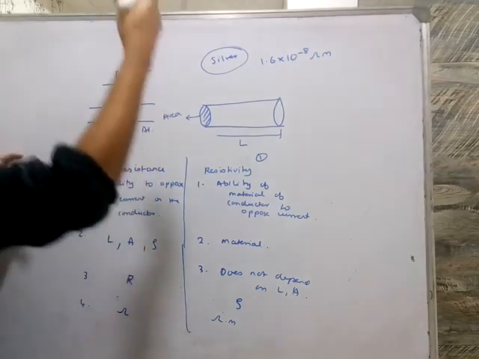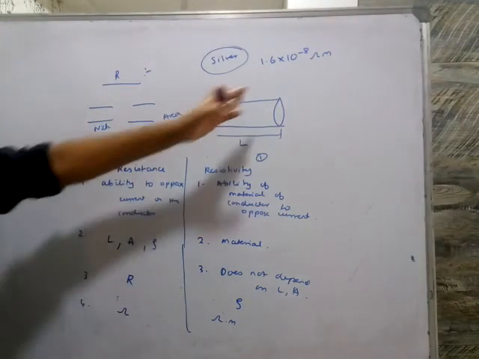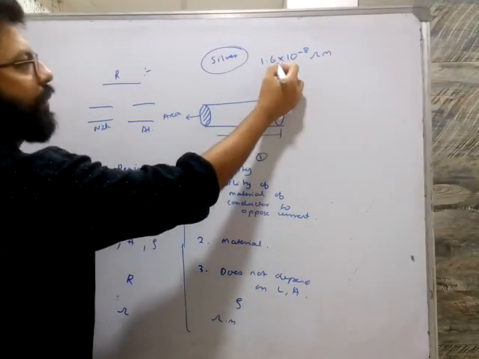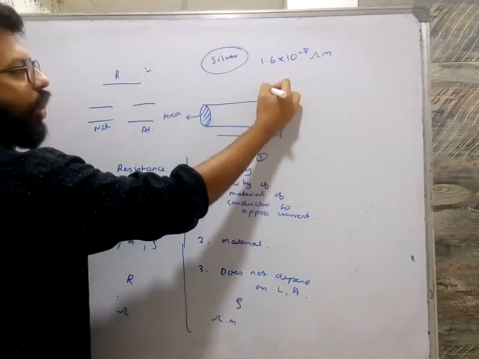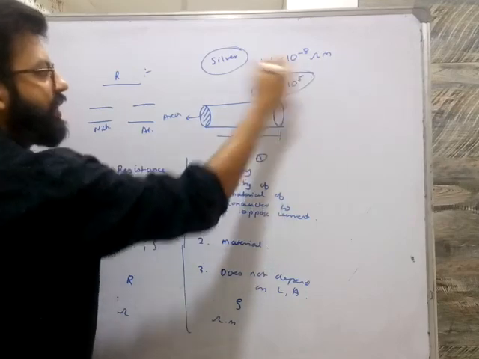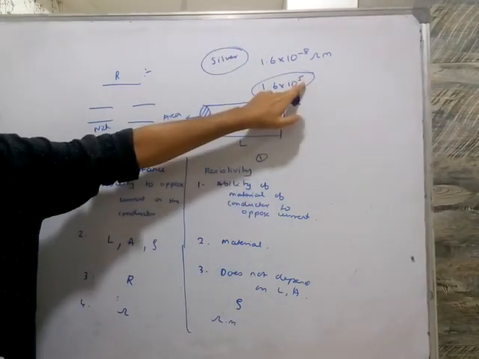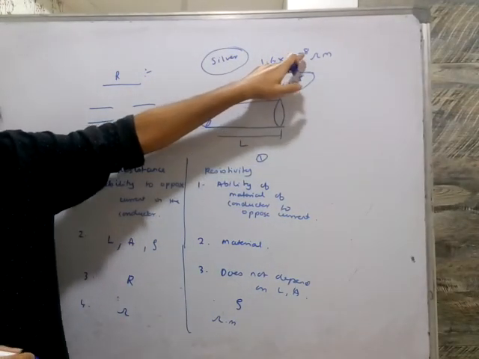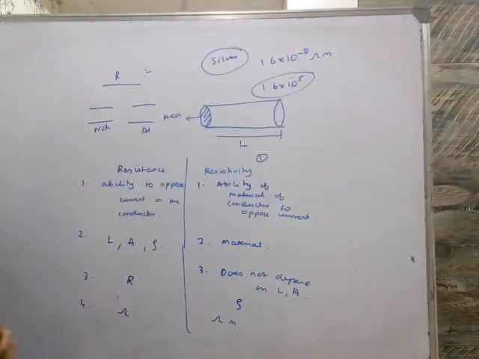So 10 raised to minus 8 is very small because the power is negative. If I give you two examples, 1.6 into 10 raised to minus 8 or 1.6 into 10 raised to 5, which one is greater? This one is greater because it has a positive power.